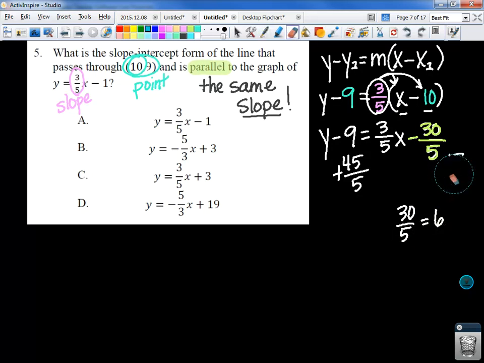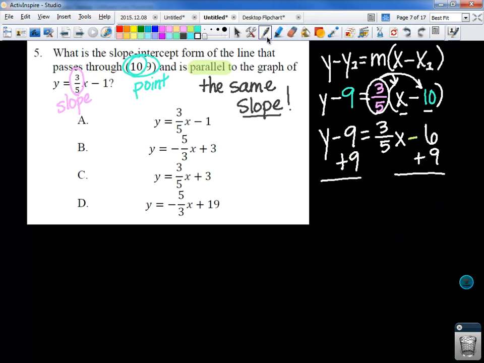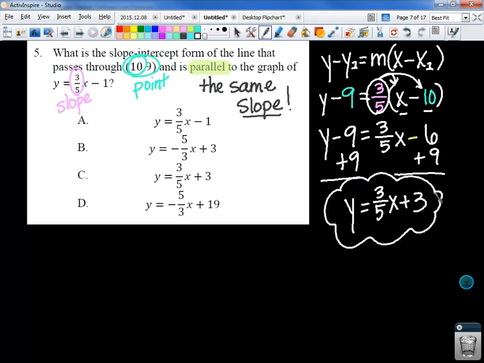So I'm going to erase this, and I'm going to have minus 6 over here. So I can just add 9 to both sides, and I get y equals 3/5 x plus 3.